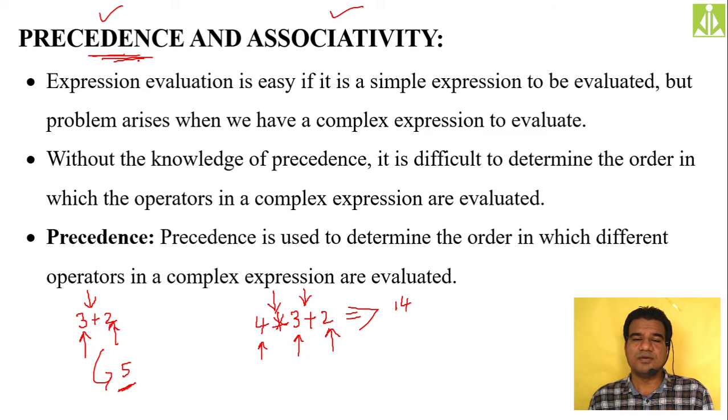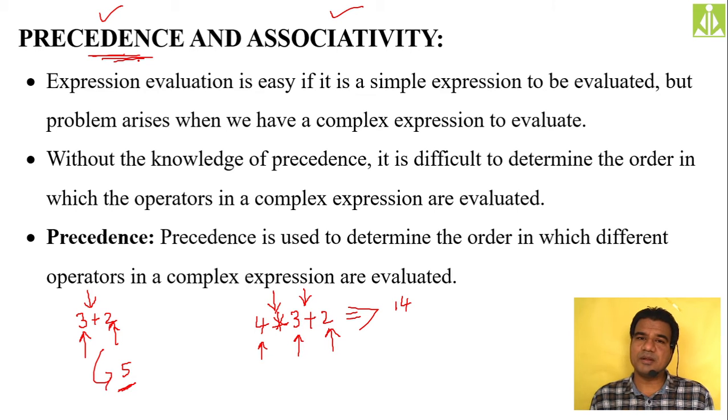We have many different things in consideration whenever we are framing an expression and whenever we are evaluating an expression. Because of that reason, applying BODMAS is not sufficient in C language. We need to go for a different technique, a different concept, that is nothing but operator precedence.